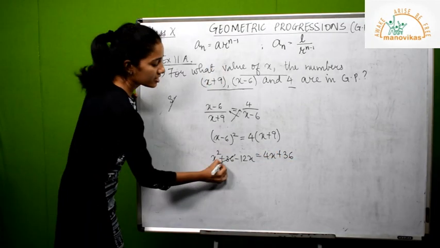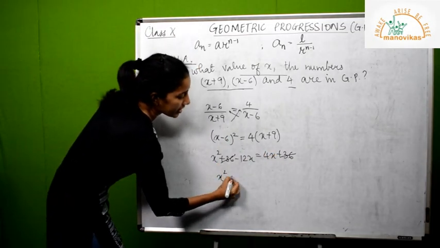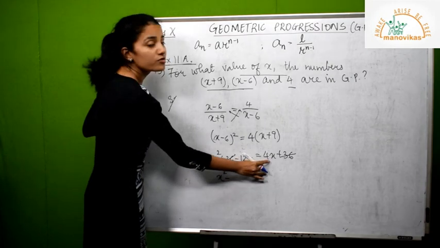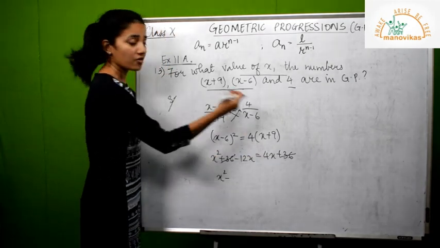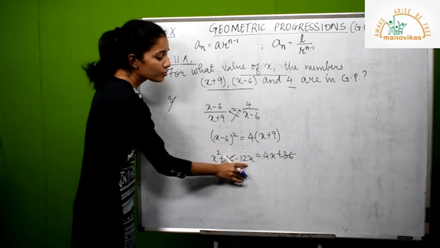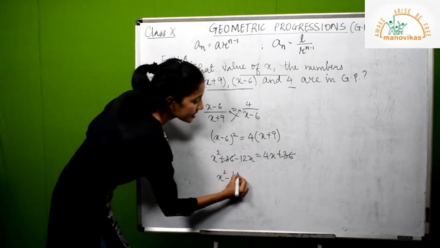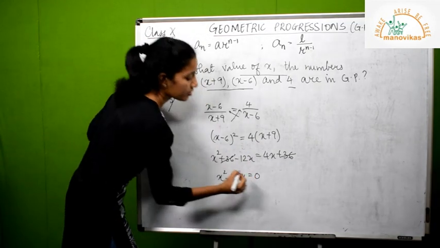So you can cancel 36 and 36. So I have x square minus 12x is equal to 4x. So getting the 4x on the other side, it would be negative 4x. So x square minus 12x minus 4x will be minus 16x is equal to 0.